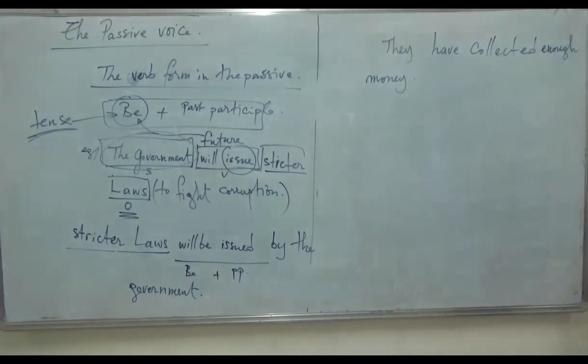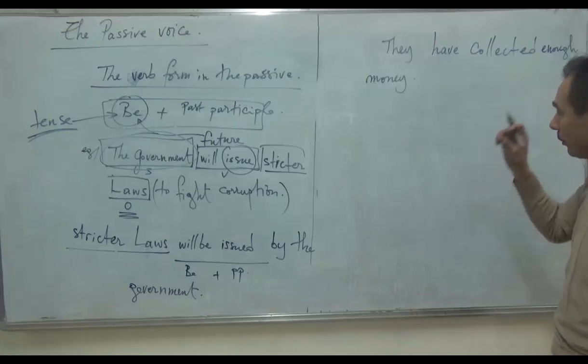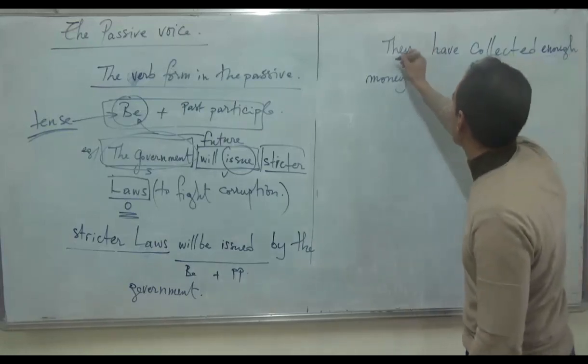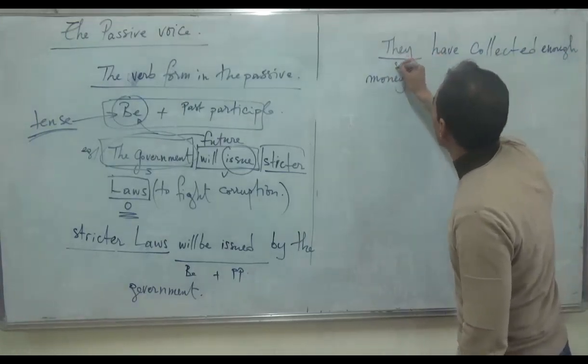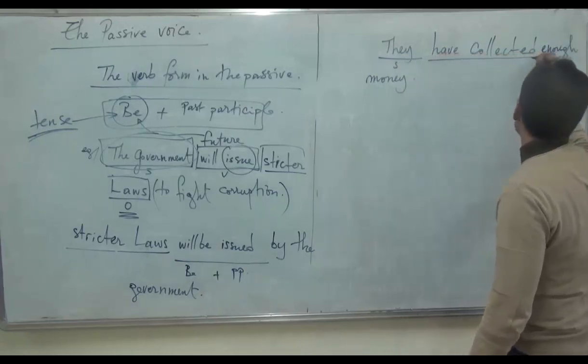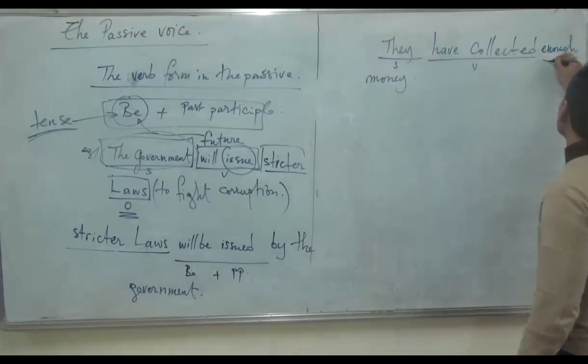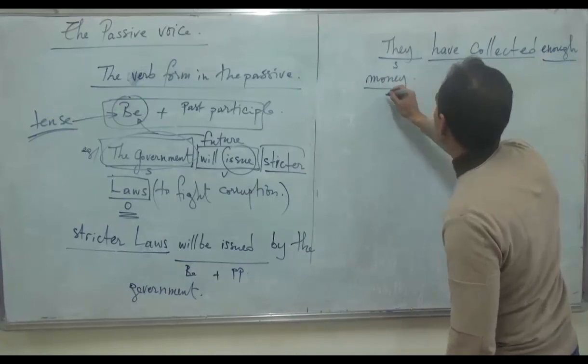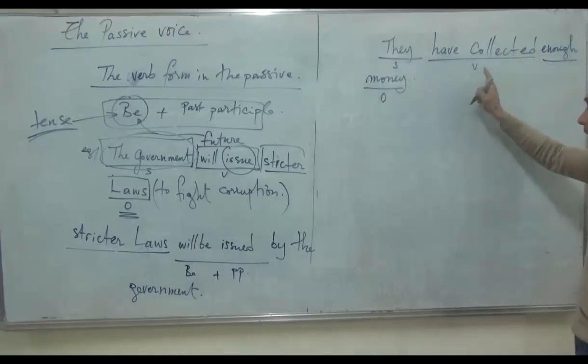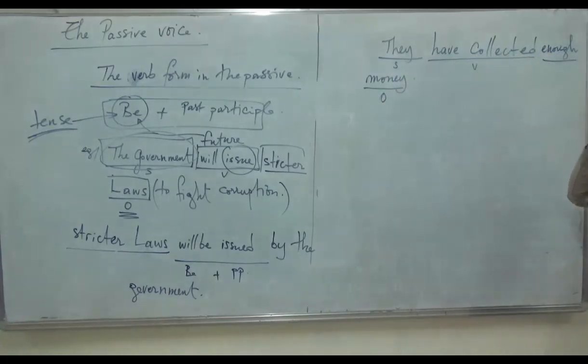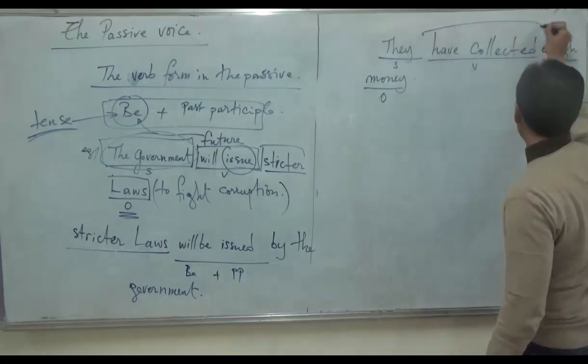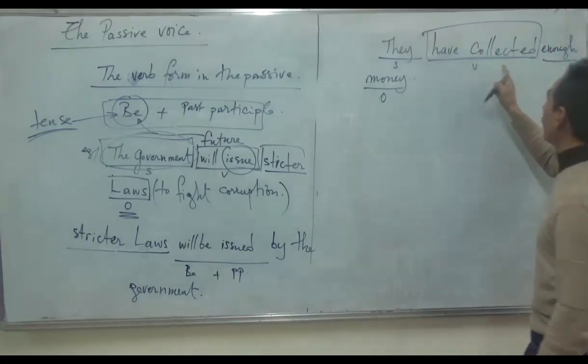So the most important parts of the sentence I need to transform from active to passive are the subject, the verb and the object. What is different here is the form of the verb, have collected.